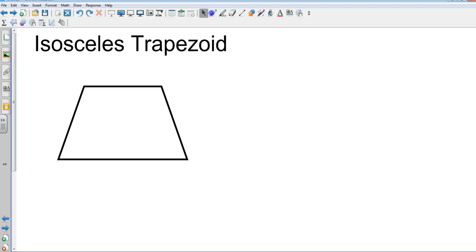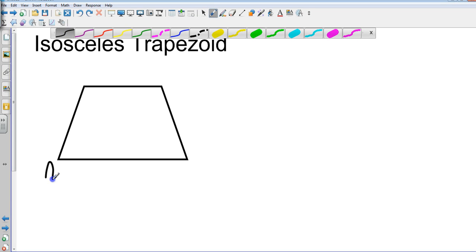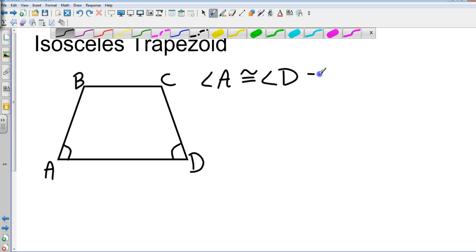Let me go ahead and label this A, B, C, D. Let's say that if the base angle A is congruent to the base angle D, so this is congruent to this, then that makes this an isosceles trapezoid.